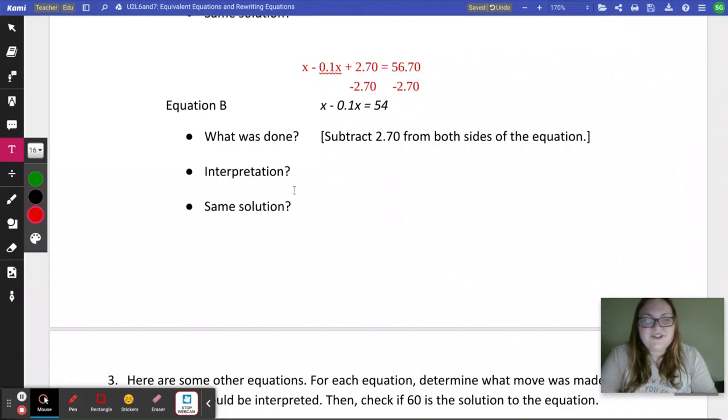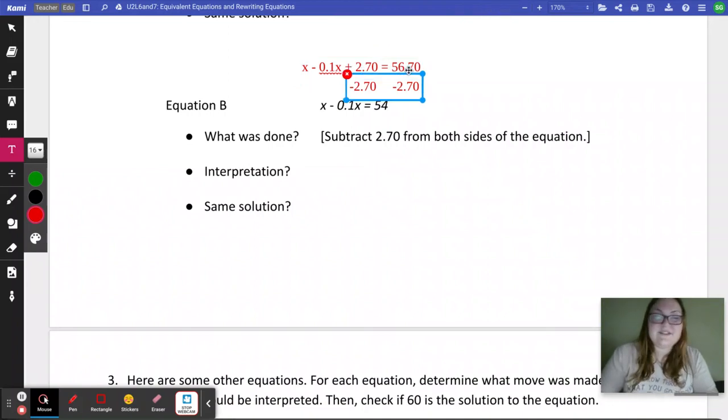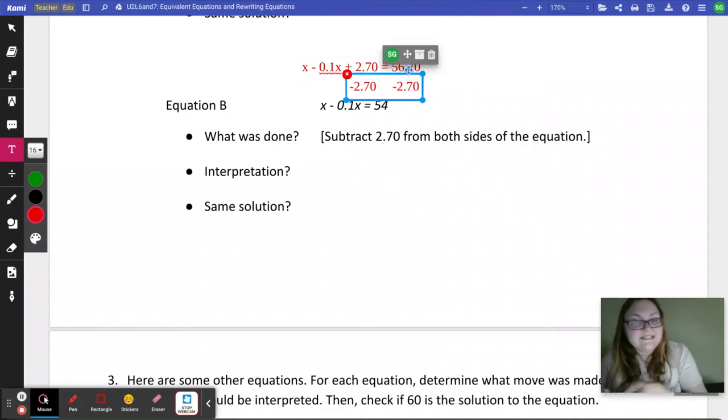Now the interpretation is, what am I figuring out when I do that? So we can think of it kind of as, what does that 54 represent? If I take away that 2.70 and I get 54, what does that mean in this story about Noah and the pants? Well, that 2.70 was that sales tax. 56.70 was the total for the jeans, including the sales tax.